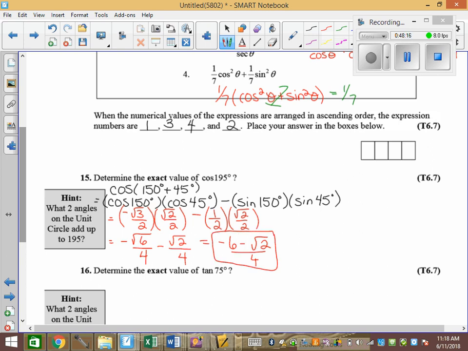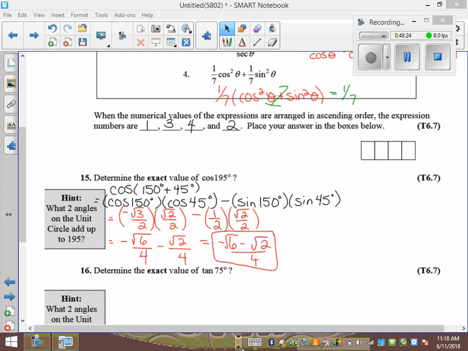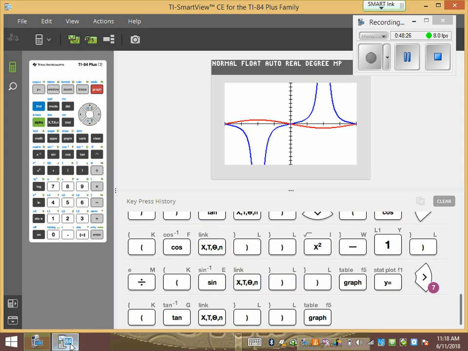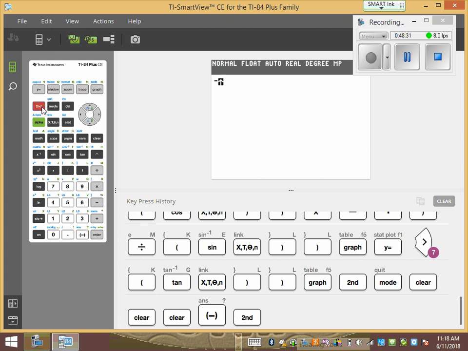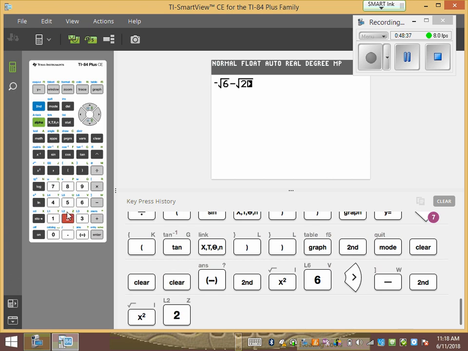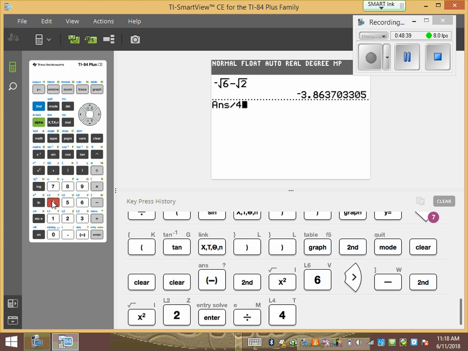Now we walk away and hope we didn't screw up. You can check it. Type negative root 6 minus root 2, and then divided by 4. I get that.